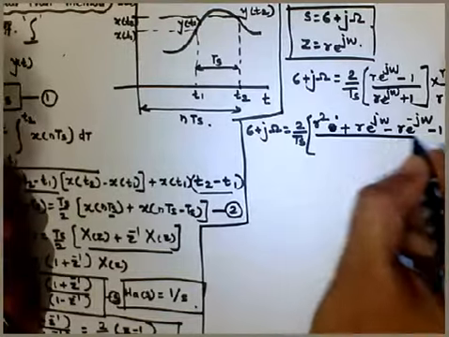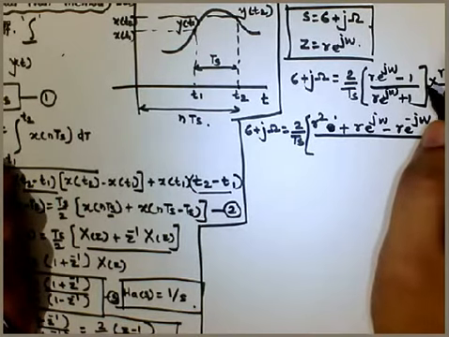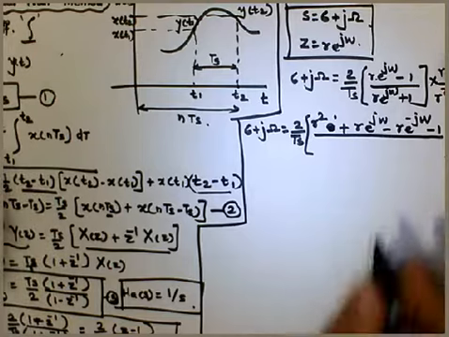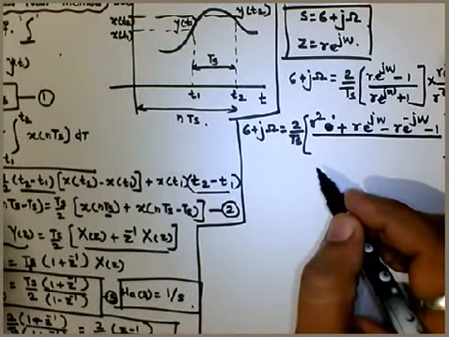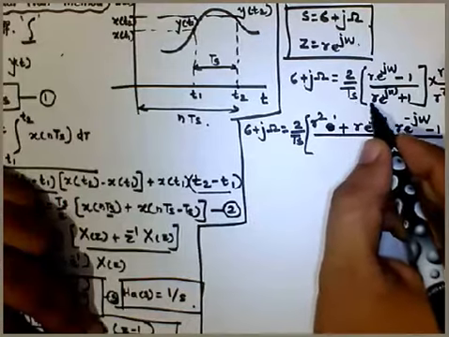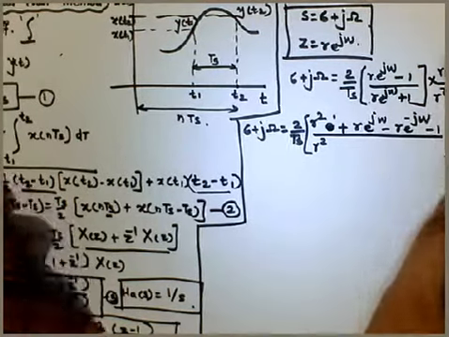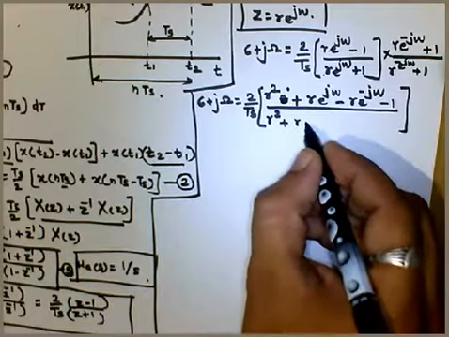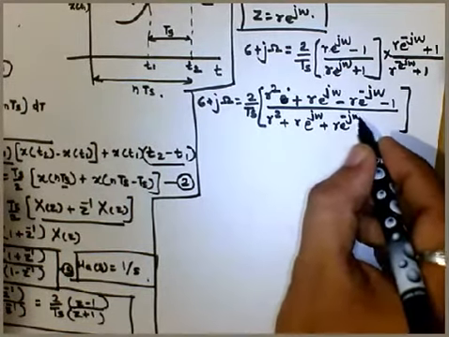This is how the numerator is simplified, because e raised to j omega into e raised to minus j omega gives e raised to 0, which is 1. That is why it is written here as 1. Now the denominator can be simplified in the same way: R square e raised to j omega into e raised to minus j omega results in e raised to 0, that is 1, plus R e raised to j omega plus R e raised to minus j omega, because it is multiplied with the 1.